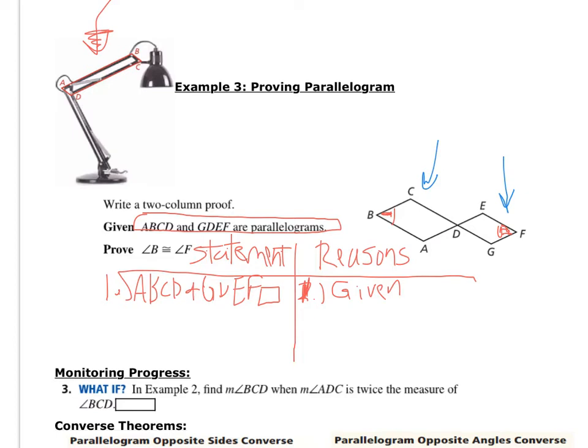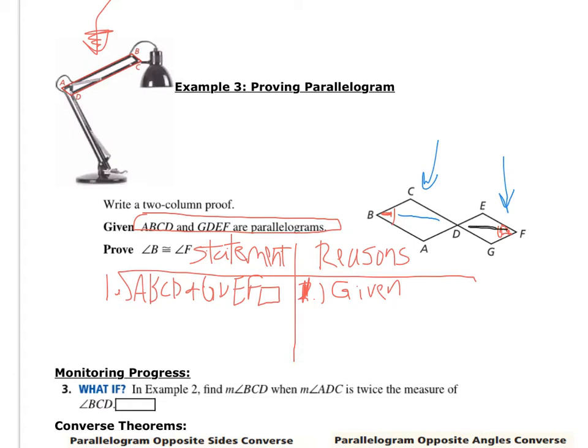Let me ask you a question. Since the objects are parallelograms, isn't angle B equal and congruent to angle D? Yeah, because they're opposite angles, right? And also, in the other parallelogram, the smaller one, isn't angle F congruent to angle D?